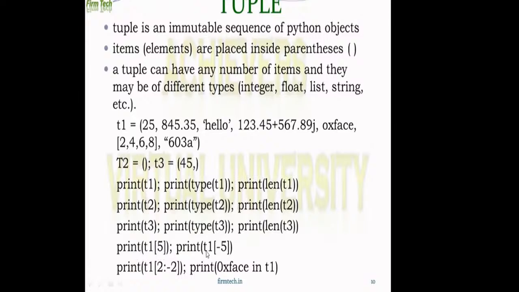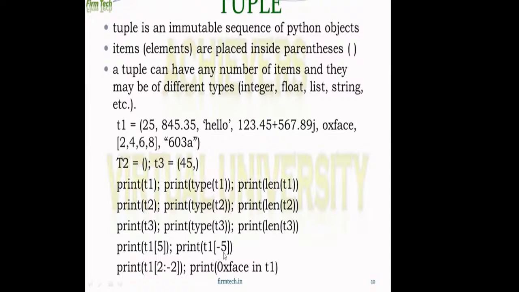And print of T1 of -5. This negative index starts from the end. So this 603A holds the index -1, and this list holds -2, -3, -4, and -5. As a result, hello will be printed as the output for print of T1 with index number -5.